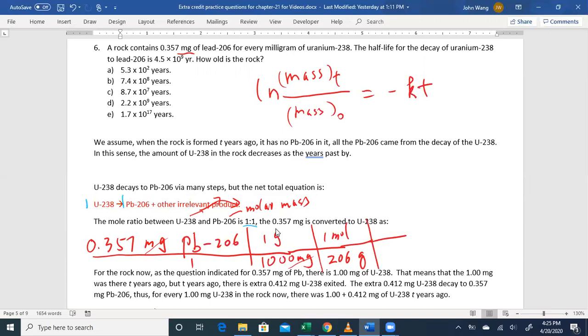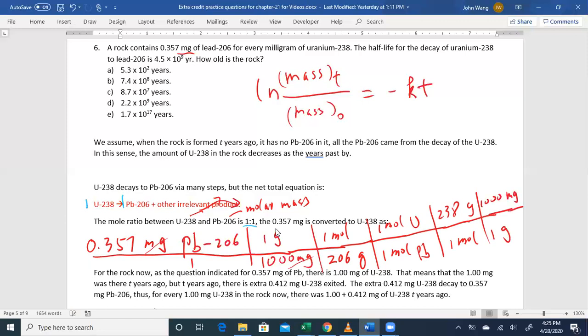Then we have that conversion ratio: 1 mole of lead and 1 mole of uranium, so that cancels. Then we use the other molar mass: 1 mole of uranium is 238 grams. Finally, you want to convert back into milligram, so use 1 gram is 1,000 milligram.